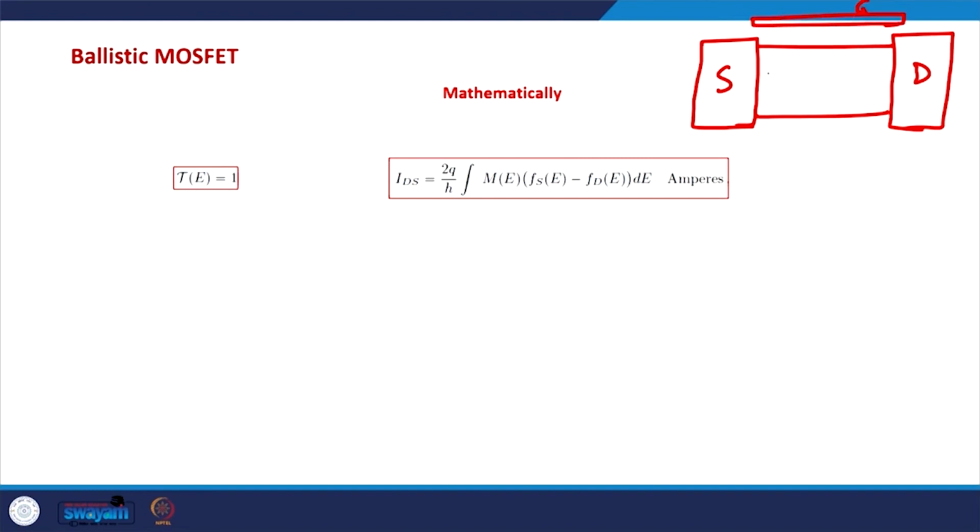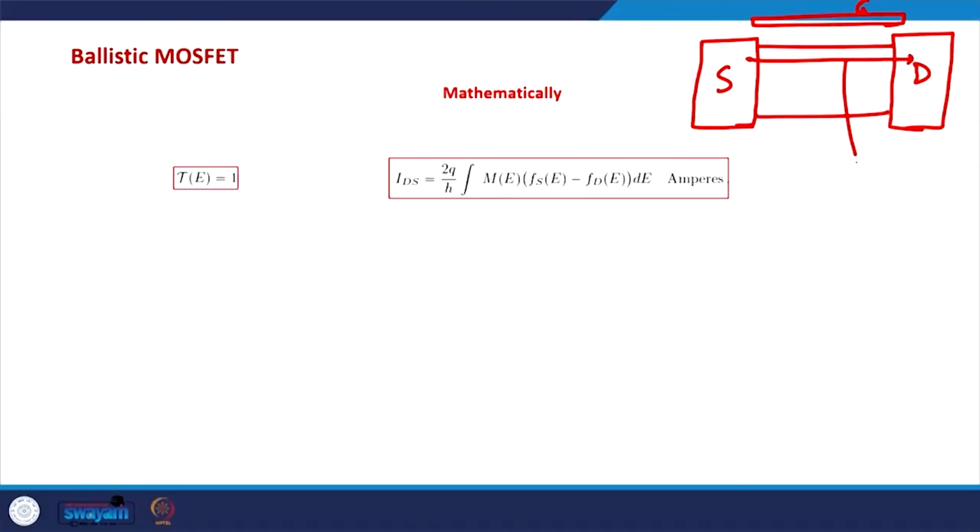In a ballistic MOSFET, the electron starts from the left contact and directly goes to the right contact without any collision in the channel. So it travels without collisions, which means that the transmission coefficient is 1. There is no scattering in the channel, so the transmission factor is 1.